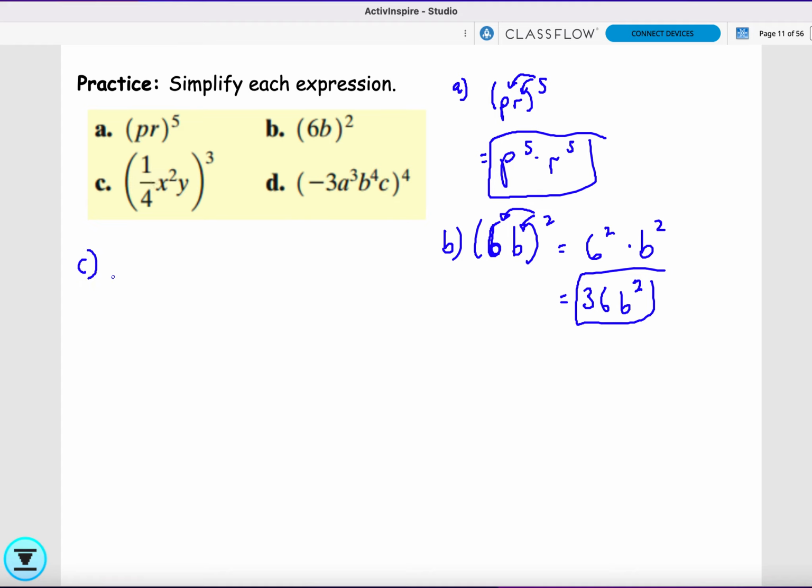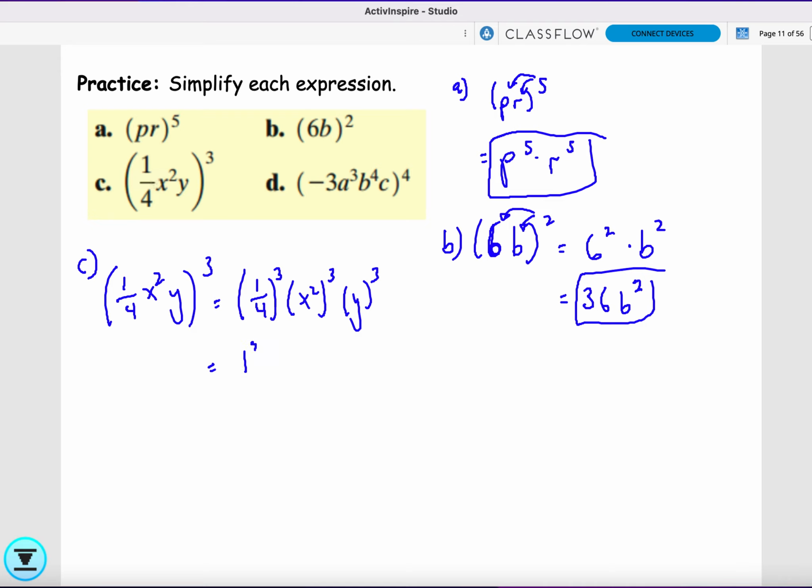We have C is 1/4 x squared times y to the 3rd. So then the 3rd goes to the 1/4. So it'll be 1/4 to the 3rd power. Then it'll be x squared to the 3rd power, and then y to the 3rd power. Well, 1/4 cubed is just 1 cubed over 4 cubed.